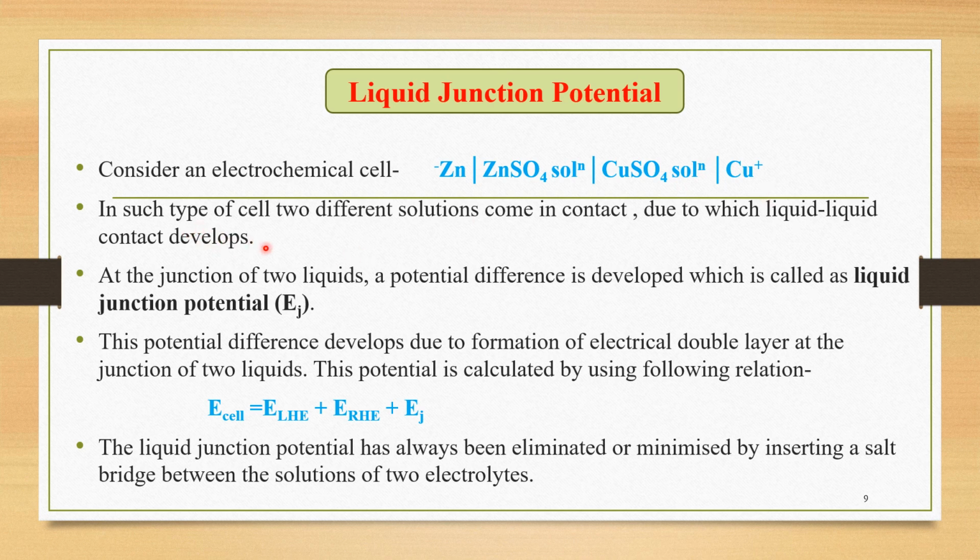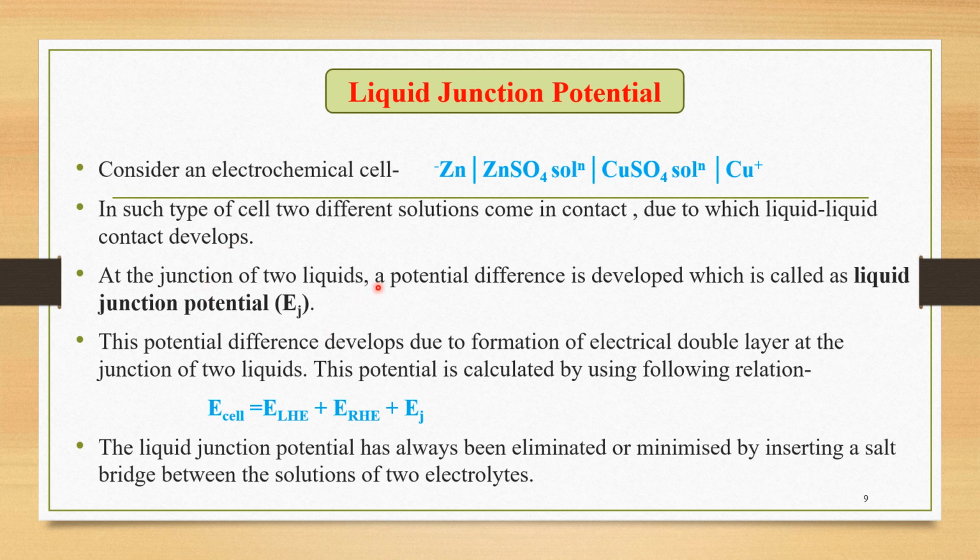In such a cell, two different solutions come in contact, due to which a liquid-liquid contact develops. There are two different salt solutions: one is zinc sulfate solution, the second is copper sulfate solution. They are in direct contact with each other, and that's why a liquid-liquid contact develops.